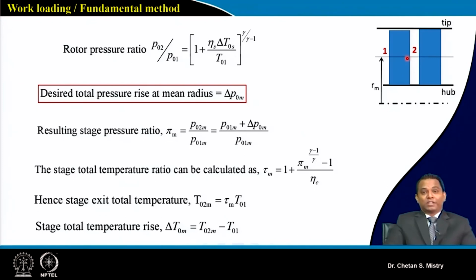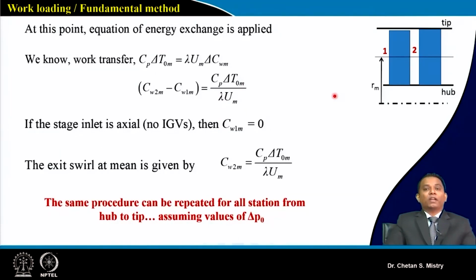Just understand, this is what all we know, and from that we are trying to move towards a new approach for the design. Now what we learn is that aerodynamic work and thermodynamic work both need to be same. If that's your case, we can write down this in sense of change of my tangential velocity component as Cp delta T0 divided by my work done factor and U. Suppose I am not having inlet guide vanes.